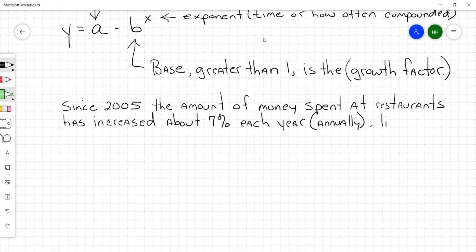In 2005, about 360 billion was spent at restaurants.